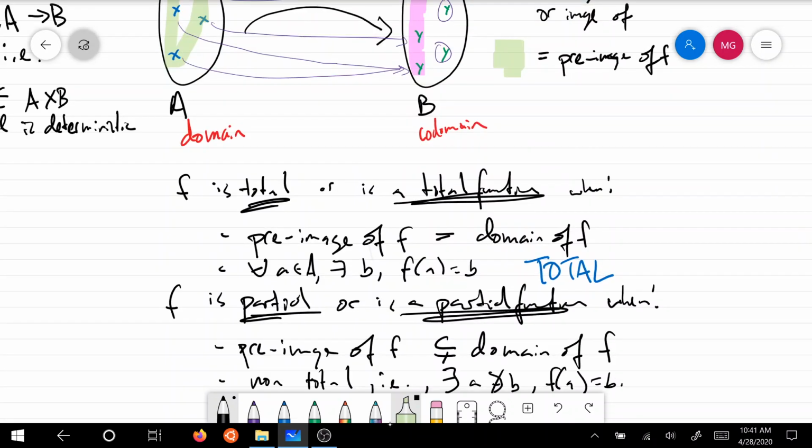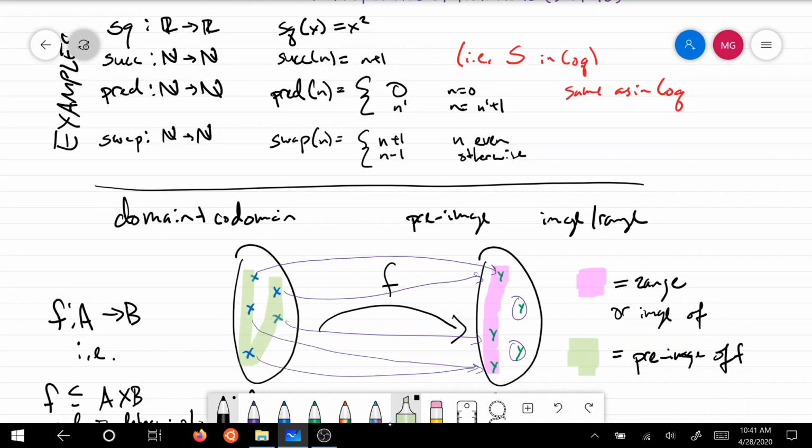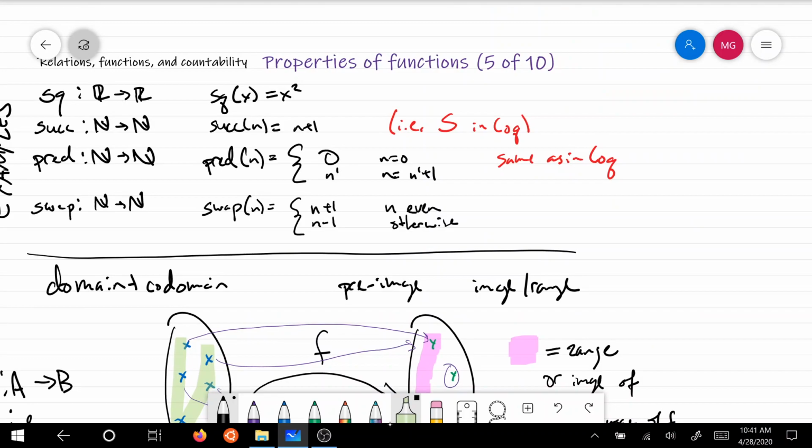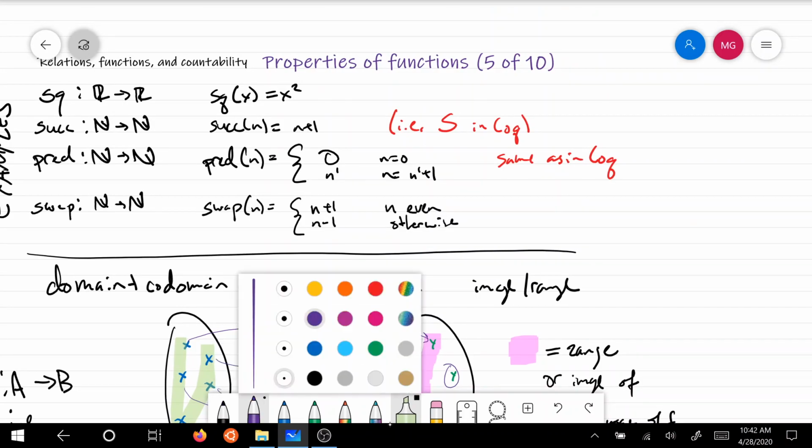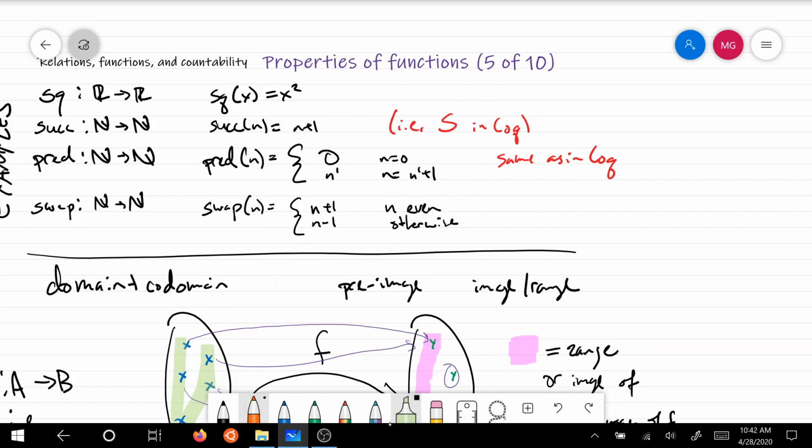Let's look at these functions we have up here and think about the properties that they have. Let's go, square. The domains are all of this, and then here are the ranges.